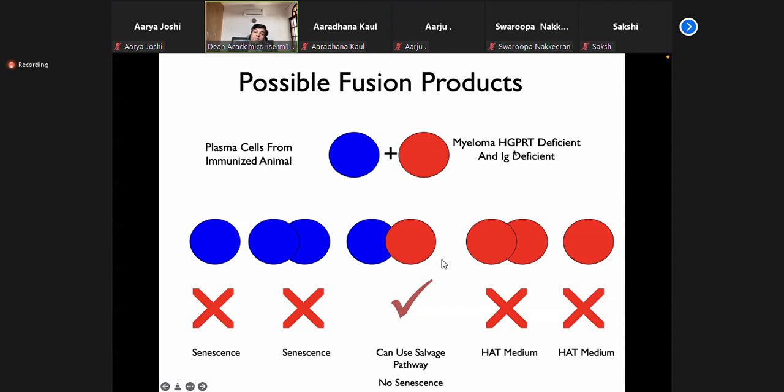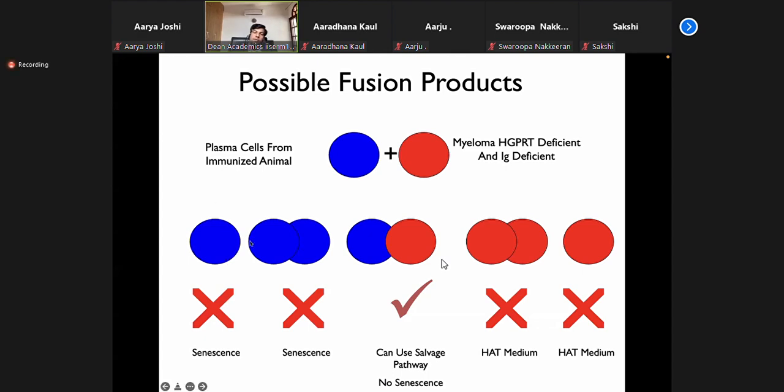Why they have to be deficient in this is because it will help in the selection process using this HAT medium that we are using for selecting only the hybridomas, or the fused cells. You can generate different types of fusion, or you might get unfused cells.